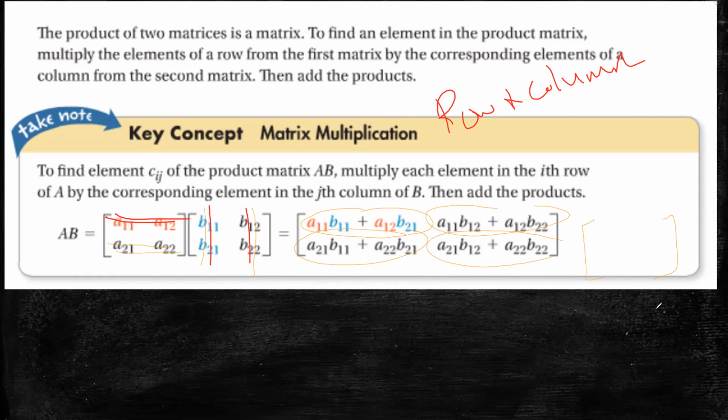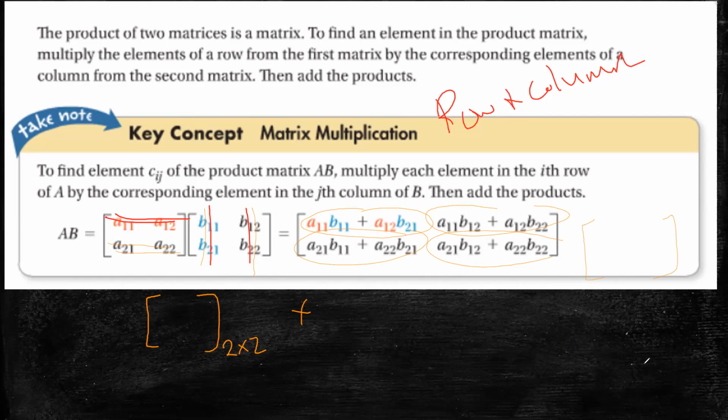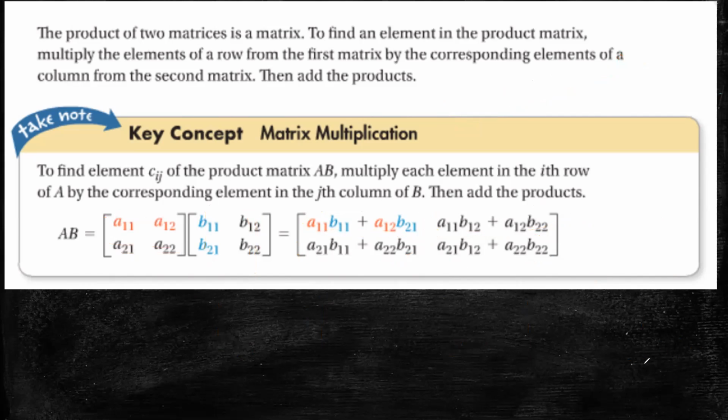Because in addition, if you add 2 by 2 with 2 by 2, you must always get 2 by 2. But in multiplication, no. Later on I will tell you about it. If you have this matrix here, its dimension is 1 times 3.